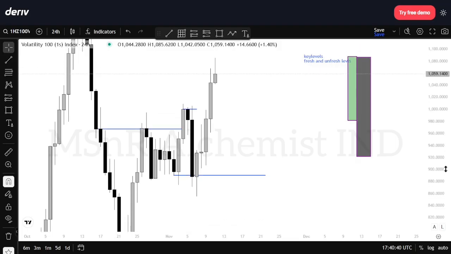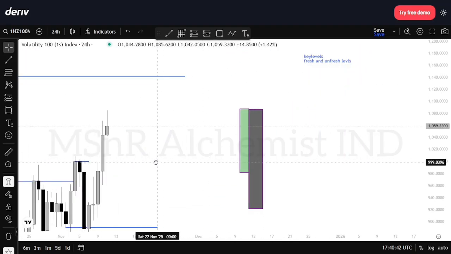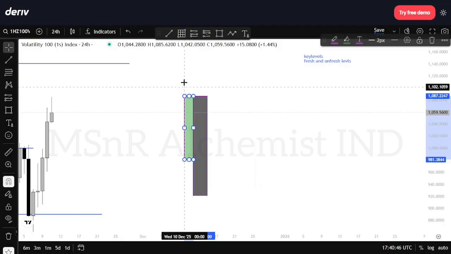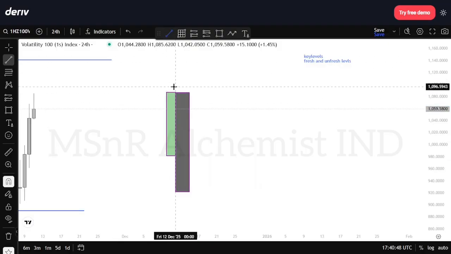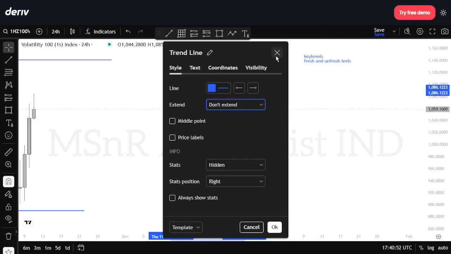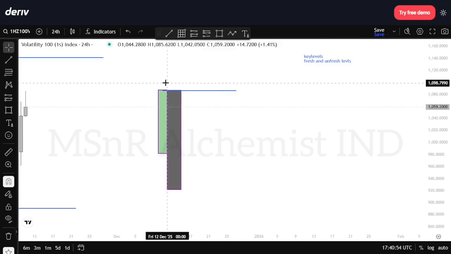That's why I'm saying that a buy and then sell candle forms a resistance, and we have to mark the closing of the first candle in terms of resistance.